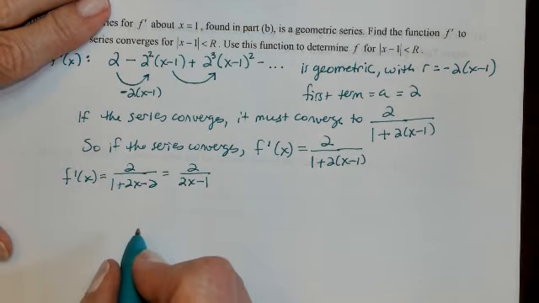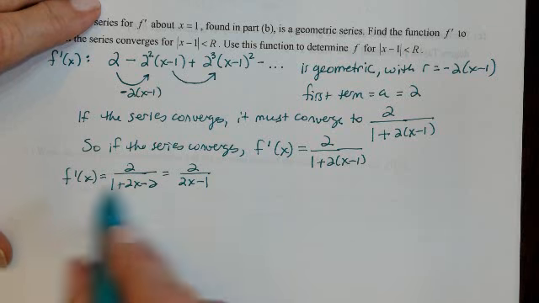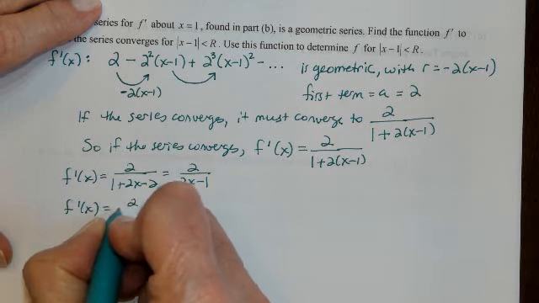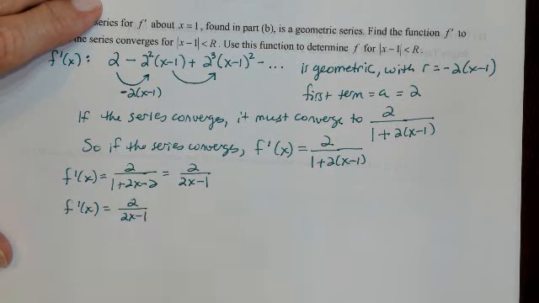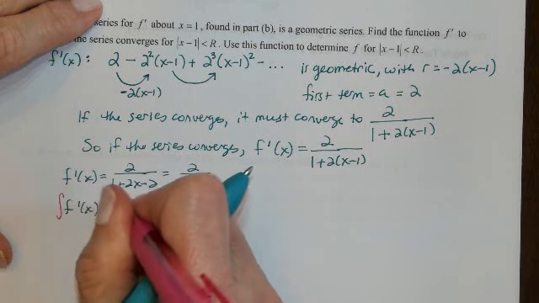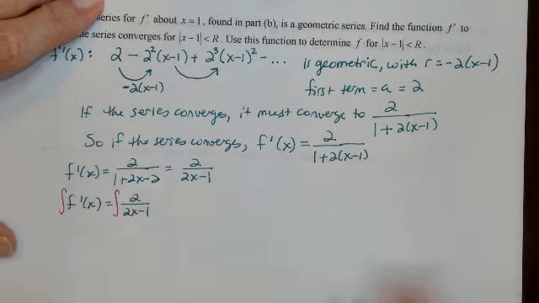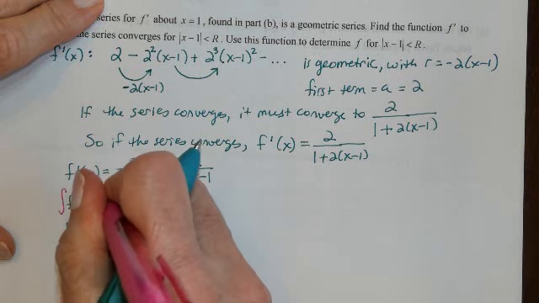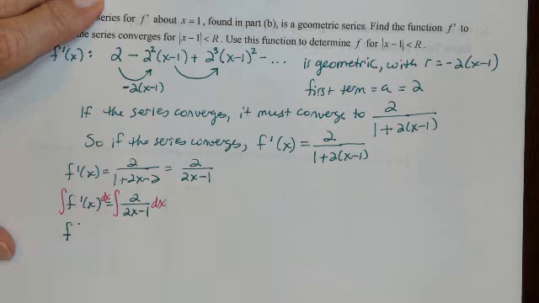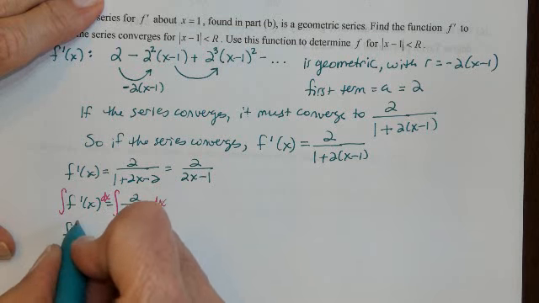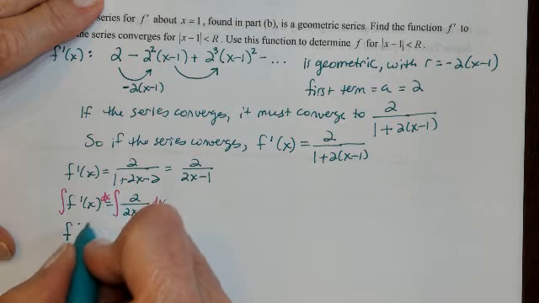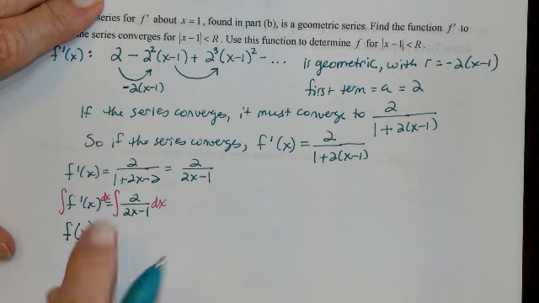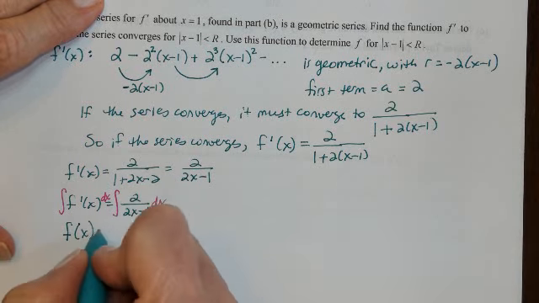So to find f, we're going to take the integral of both sides, right? So let me scoot these closer. I'm going to take the integral of both sides. The integral of f prime of x dx is f of x plus c, but I'm going to combine the c from here with the other c over here.